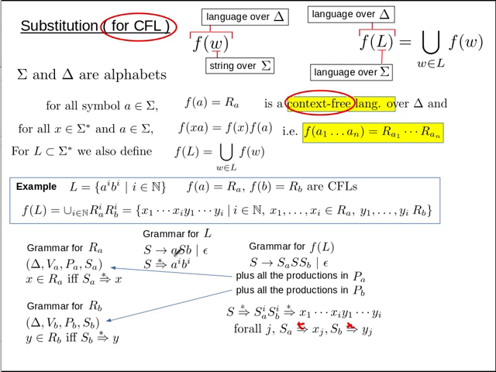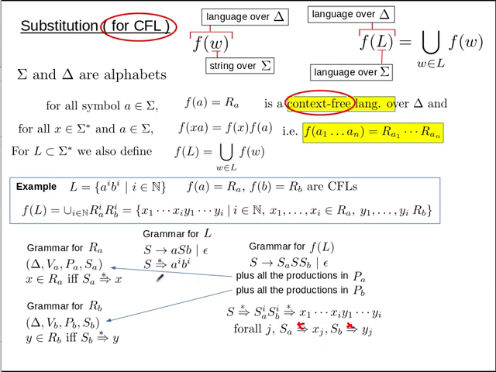For this A, the corresponding language was RA, so this A was replaced by the start symbol of RA, which is SA. That means whatever string we were generating for L, we will generate the same form of string, but now A will be replaced by SA. Similarly, B will be replaced by SB. This happens for any language here.